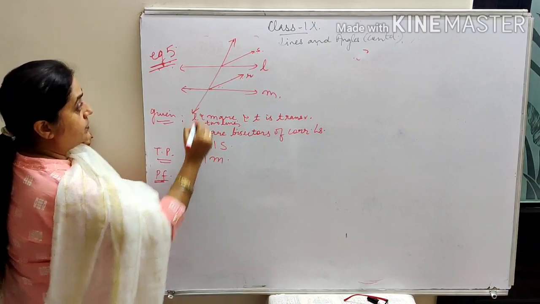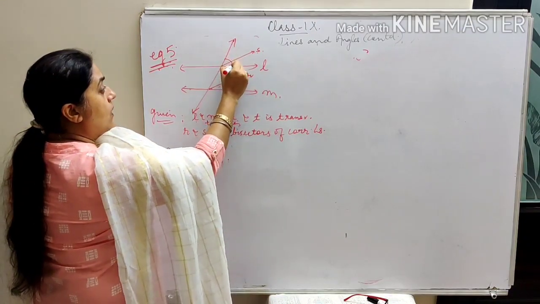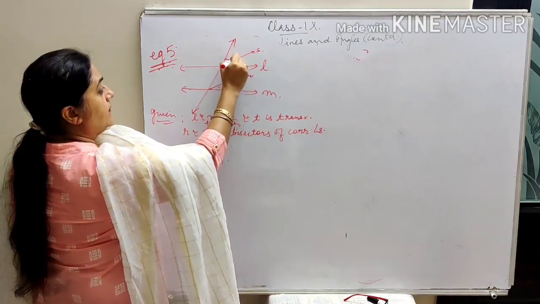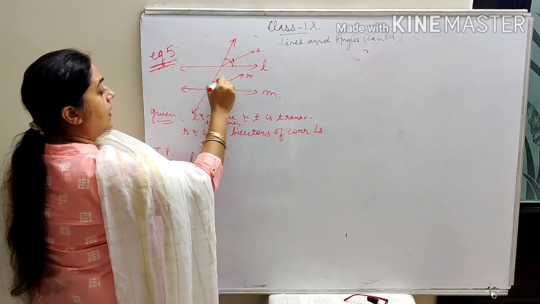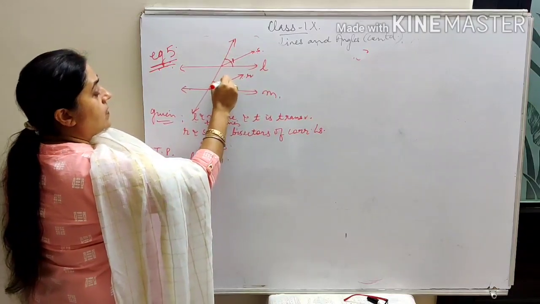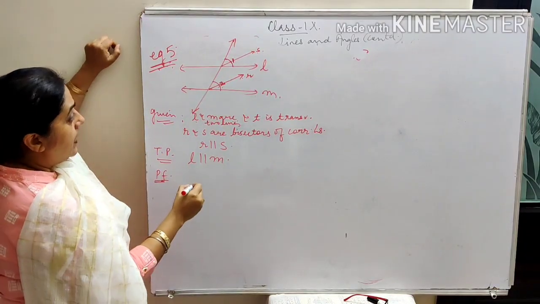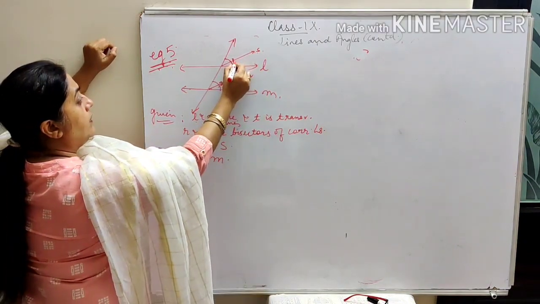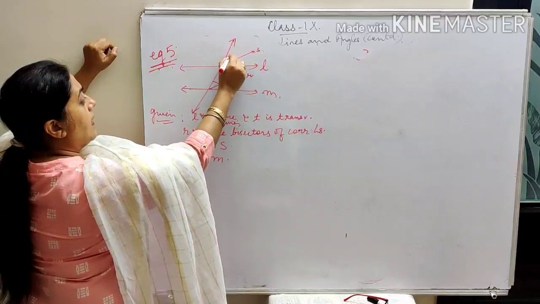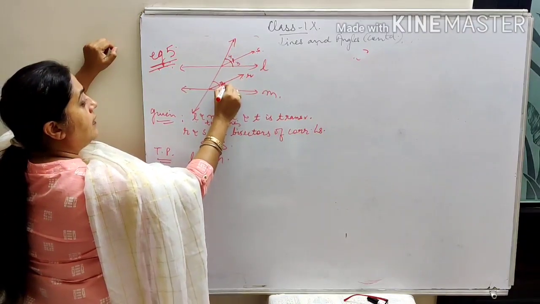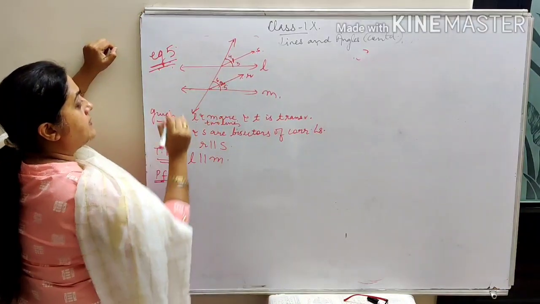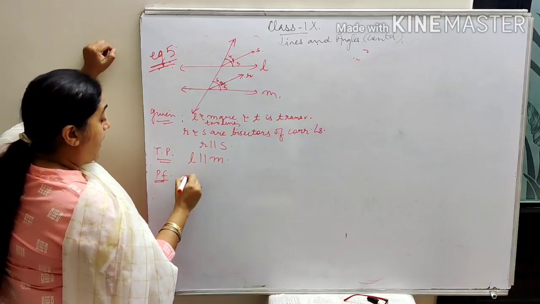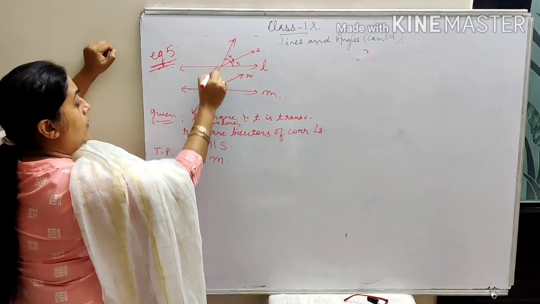Please check it out. Let this whole angle is 1 and this whole angle is 2. ठीक है? Now, angle 1 and angle 2. If I talk about this angle 3 and let it be 4, let it be 5, let it be 6. S is, let it be OP.